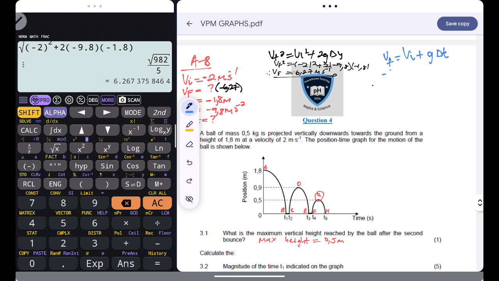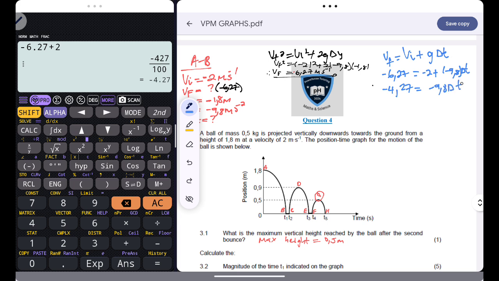So the final velocity is negative 6.27. This is equal to negative 2 plus negative 9.8 multiplied by delta t. Whenever I take the 2 to the other side, it will be positive, right? So I'll simply have negative 6.27 plus 2. I'll get negative 4.27 on the left hand side, equal to negative 9.8 times delta t.